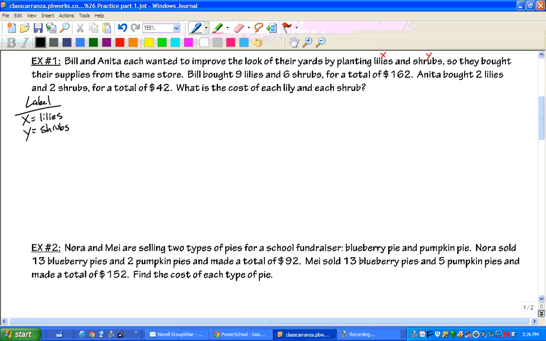Let's take a look at this. Our first sentence with information is right there. Circle the information: 9 lilies, 6 shrubs, total of $162. So using our variables, 9x plus 6y, the total is 162.